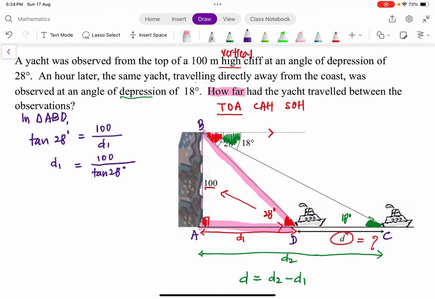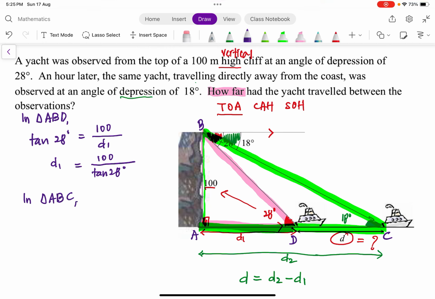Now let's take a look at the second triangle. The second triangle will help us find d2. The second triangle that I have here will be triangle ABC. So by looking at this triangle, let me write. I have in triangle ABC, let's see what we have.